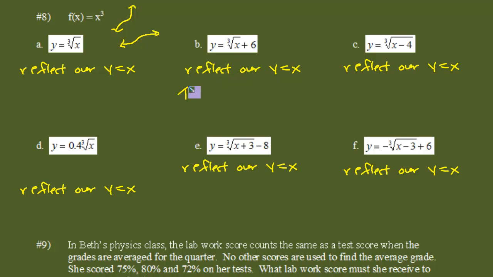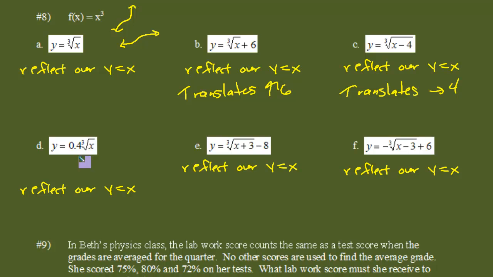B, this plus 6 translates the graph up 6. C, this minus 4 translates the graph right 4. D, what does the 0.4 do?